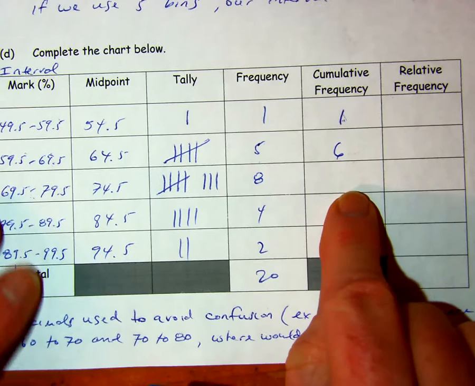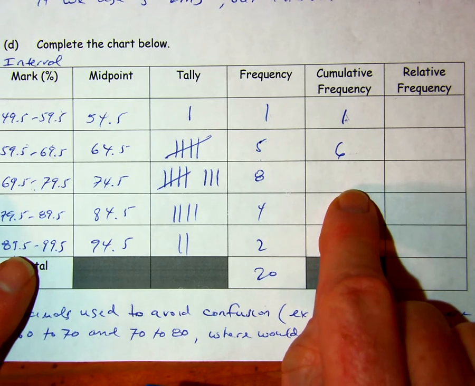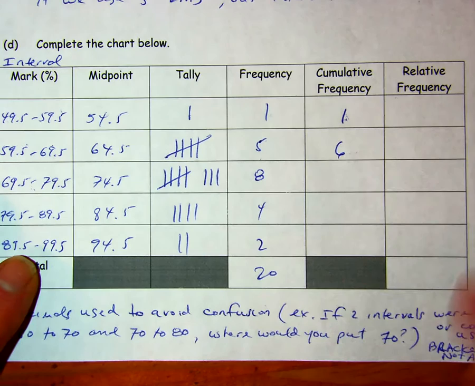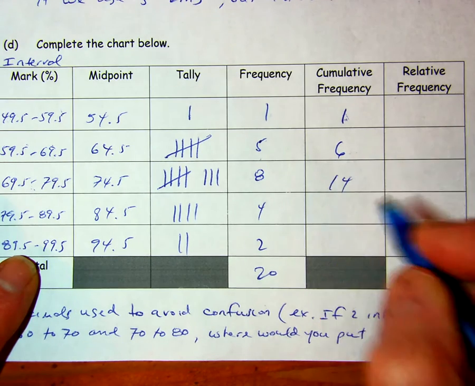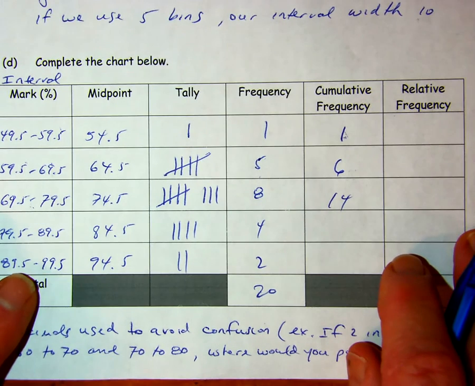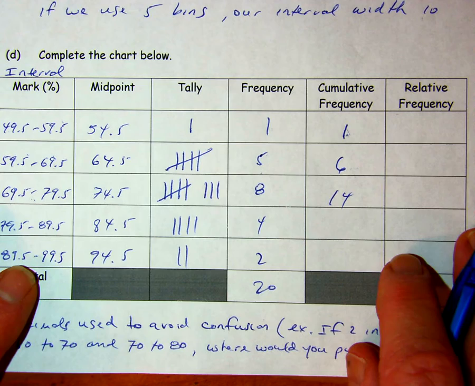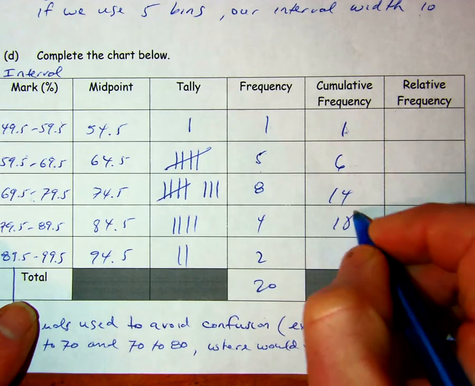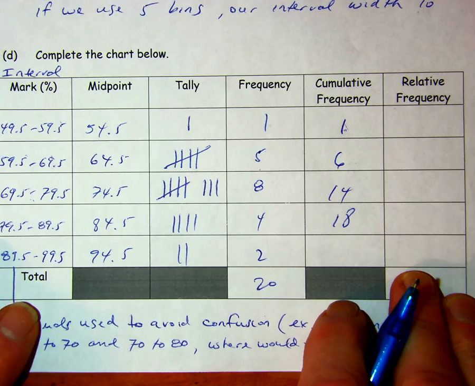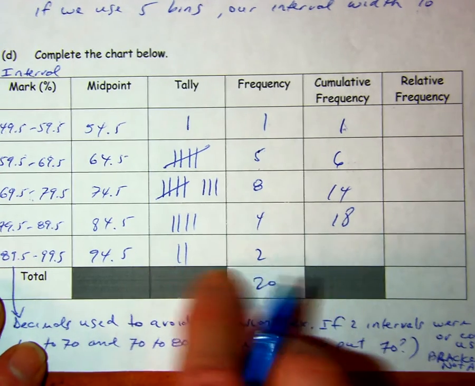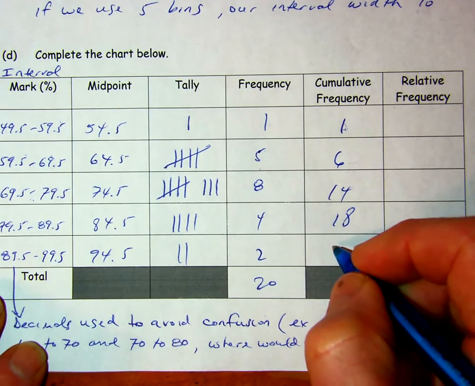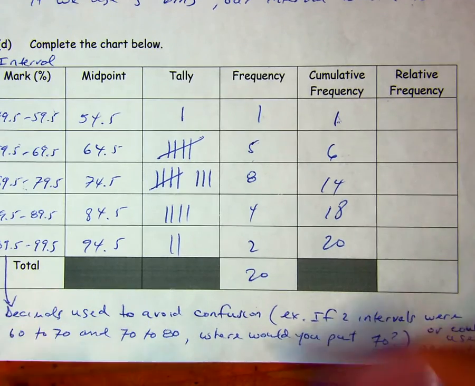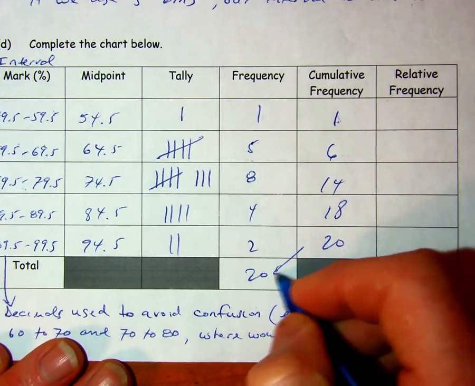The total marks up to, but not including 80, would be these 6 plus these 8, so there should be 14 marks below 80. There should be another 4, 18 marks below 90, and 2 more from 90 to 100. So it should be 20 marks below 100, or altogether. And these two numbers should always be the same.